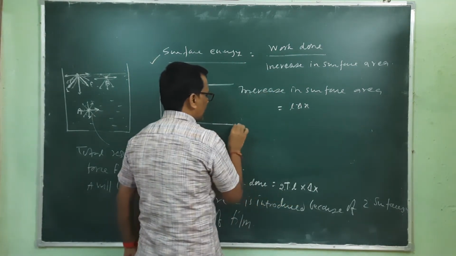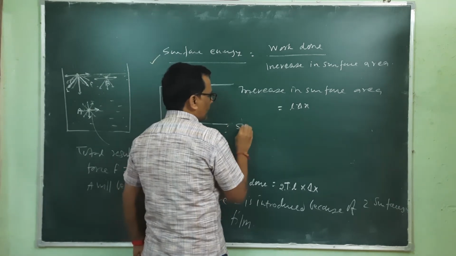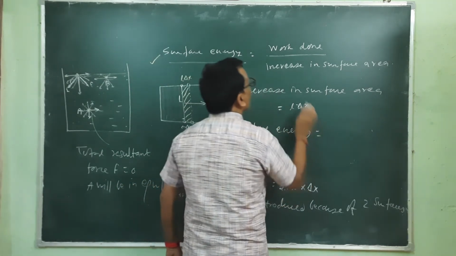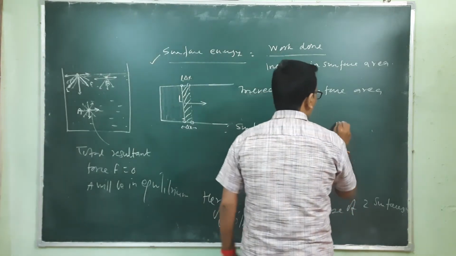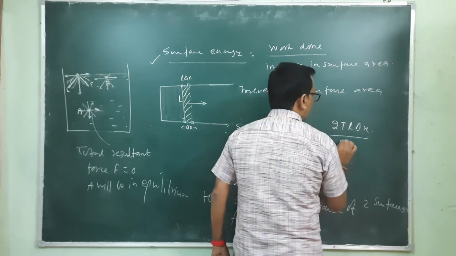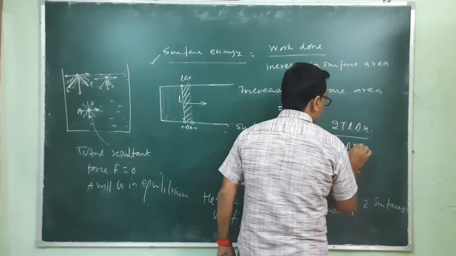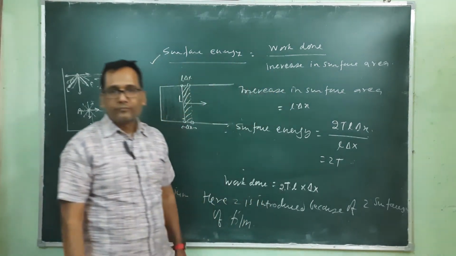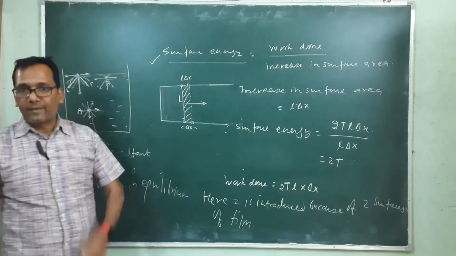So the surface energy is equal to the work done, 2TL multiplied by delta X, divided by L multiplied by delta X. So this is 2T, and 2 is because of two surfaces, remember this.